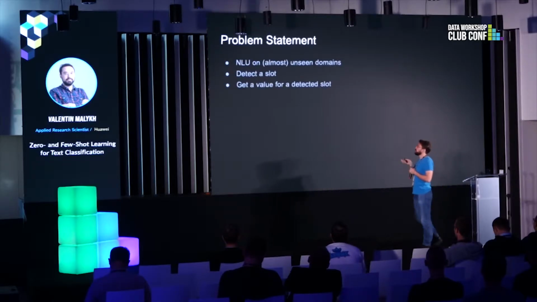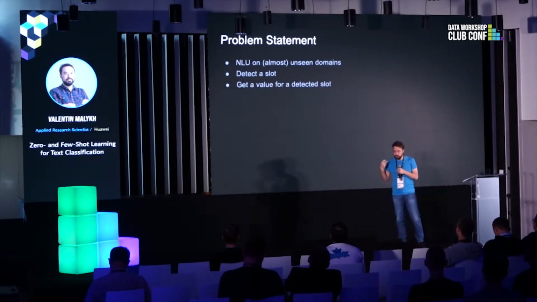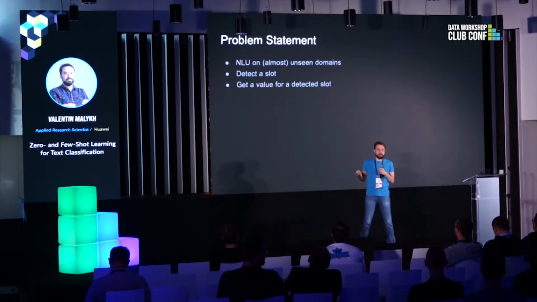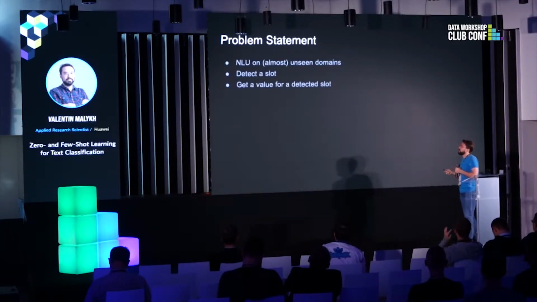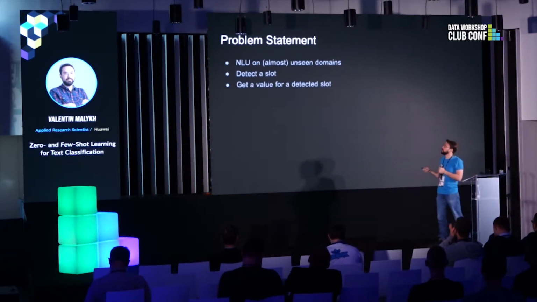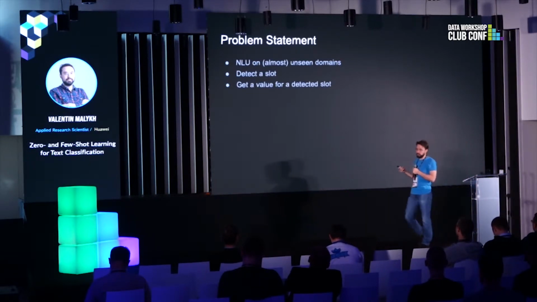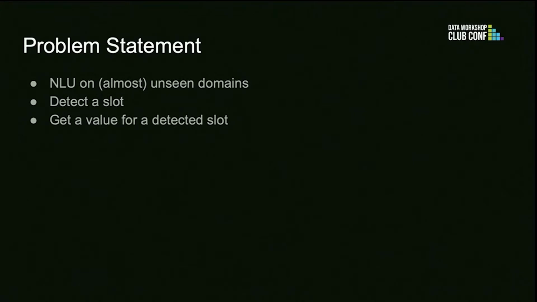And what is exactly this? We need to detect a slot, and we need to get a value of it. So you already know what slot detection is, and you know what value extraction is here. The main issue here is that we haven't seen our data. It is almost unseen, but it is still really hard.